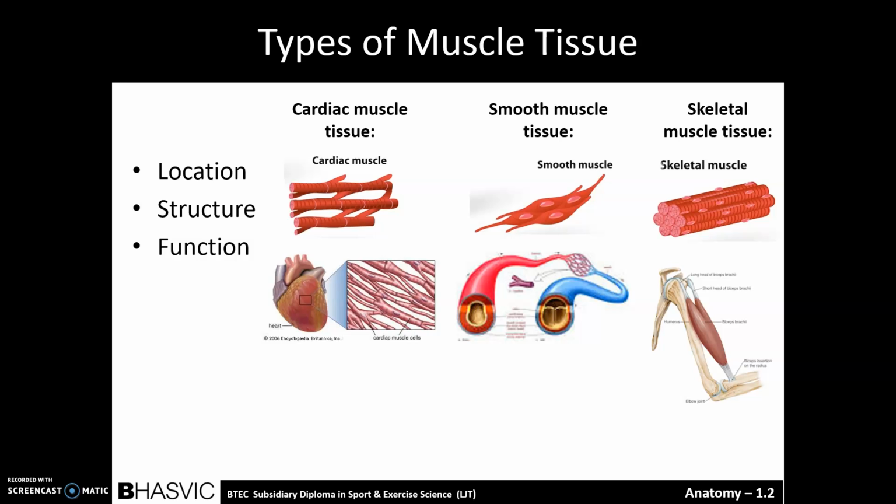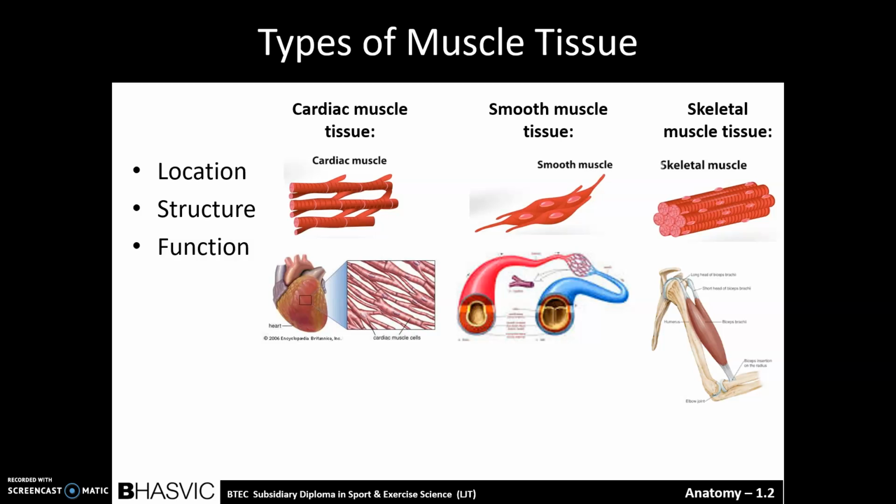The function of them, so the function of cardiac muscle tissue is when the myocardium contracts at the same time to contract the heart and contribute to vascular shunt.